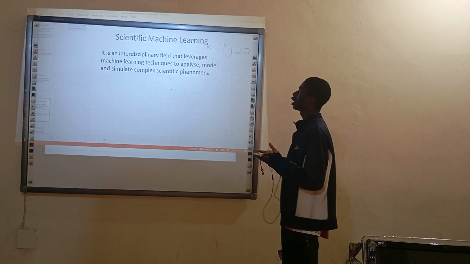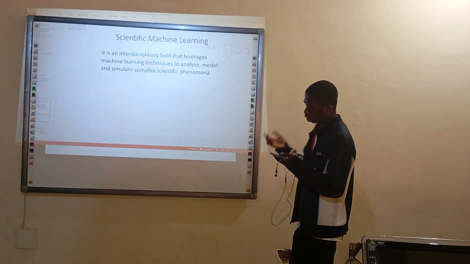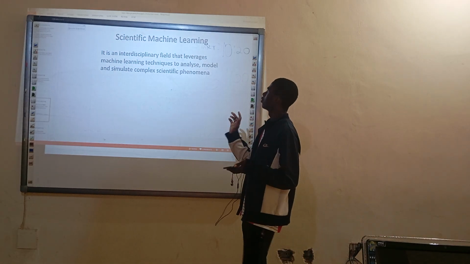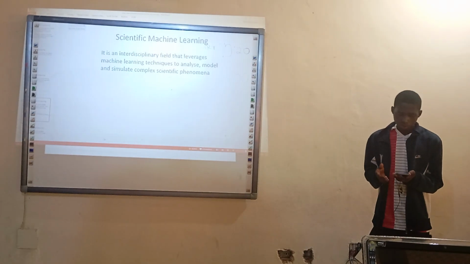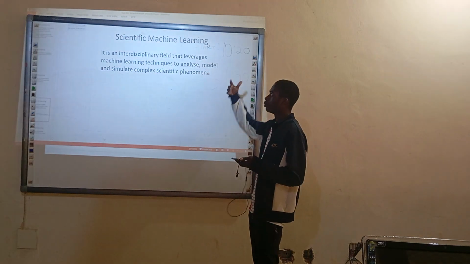So, what are now the challenges of this scientific machine learning? Interpretability: understanding ML models in the context of scientific phenomena is not actually easy, they are not interpretable. So that's one challenge that we face with scientific machine learning.